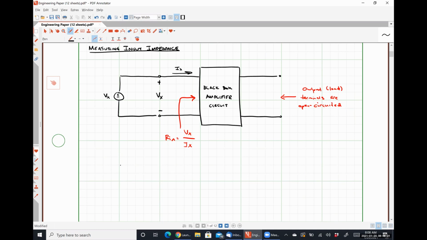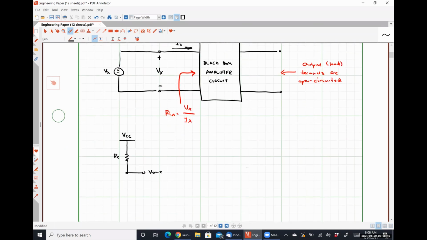So let's start with this guy. This is the one we've done a lot to this point. This is what's called a common emitter amplifier.